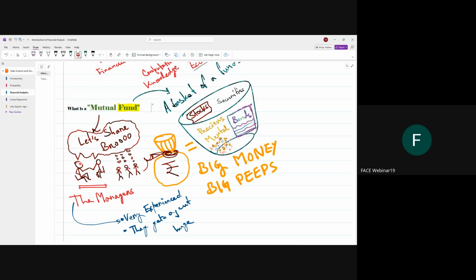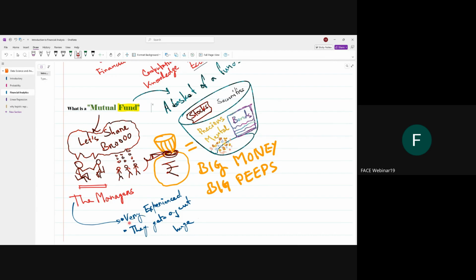From this consolidated amount, we pay that person, who has a huge salary, and we cannot actually hire them personally. That is almost impossible. So with that consolidated money, we form a trust, and then we let that trust hire a fund manager, and that fund manager decides how much money we need to put in which segment and so on.